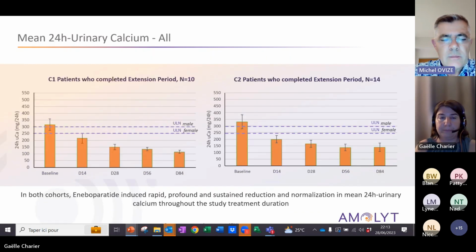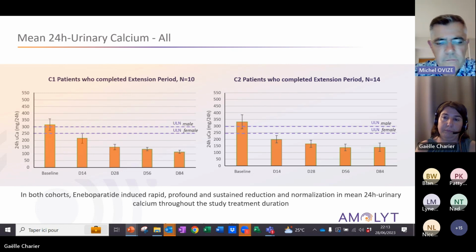What about an important parameter, which is 24-hour urinary calcium excretion? You know that urinary excretion of calcium is a very important parameter for the treatment of hypoparathyroid patients.